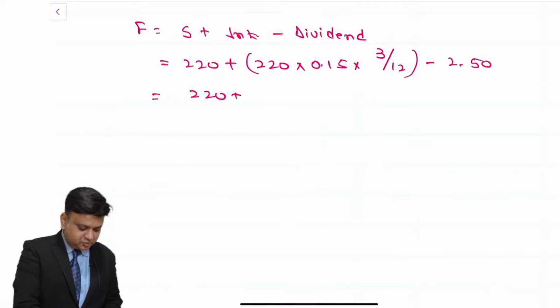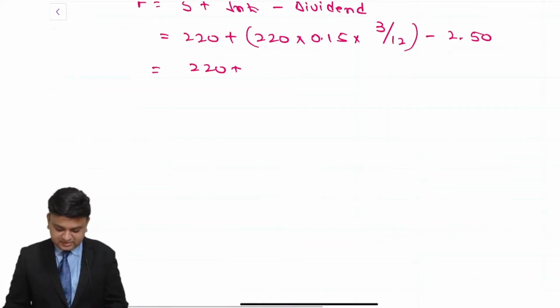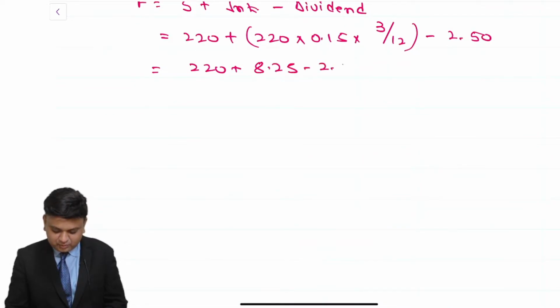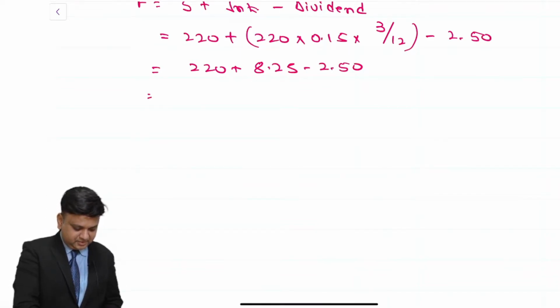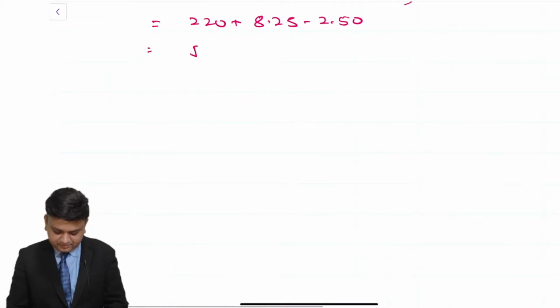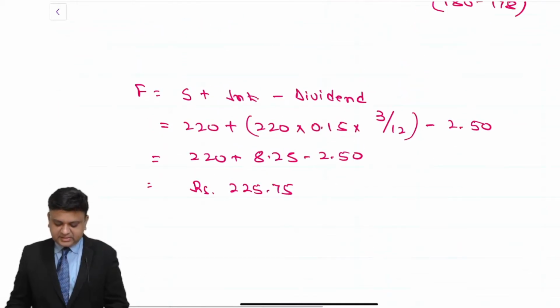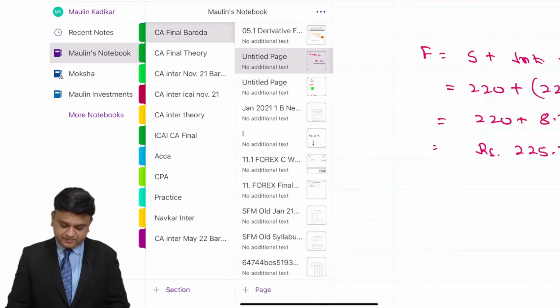So the answer comes to 220 into 0.15 into 0.25. That comes to 8 rupee 25 paise minus 2 rupee 50 paise. So the answer comes to 225.75. That is the way the forward/futures price of the underlying asset can be calculated.